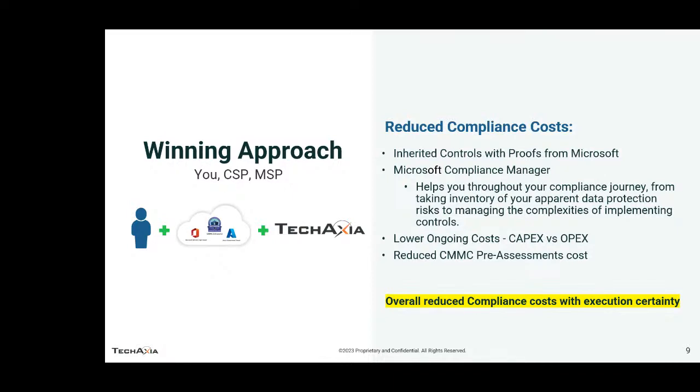Microsoft actually just passed their voluntary CMMC assessment audit, 100%. So as a Microsoft customer or as an OSC, a DIB company using the Microsoft Cloud, you get to inherit those audited controls from Microsoft. You also get lower ongoing costs, and you get a reduced CMMC pre-assessment cost.